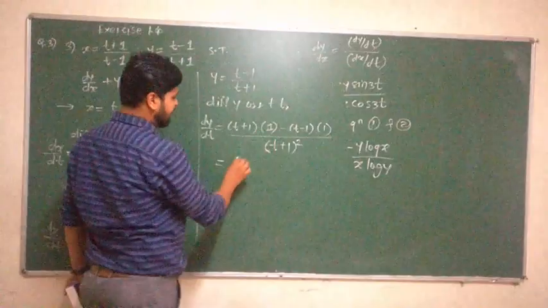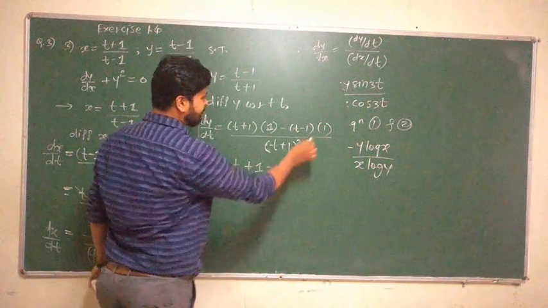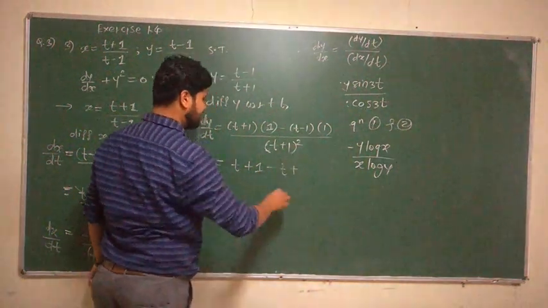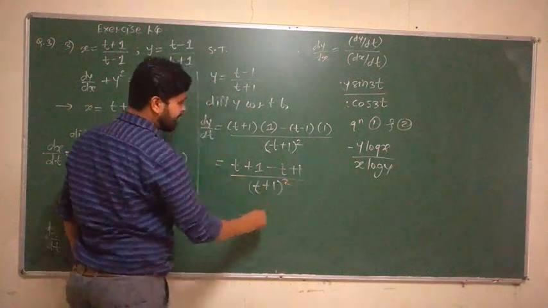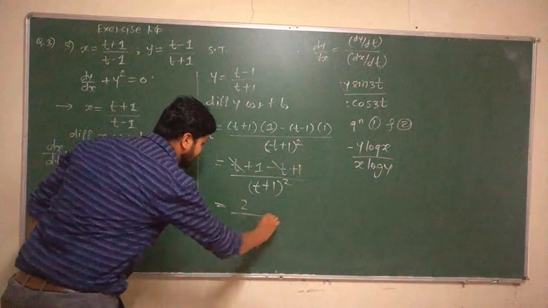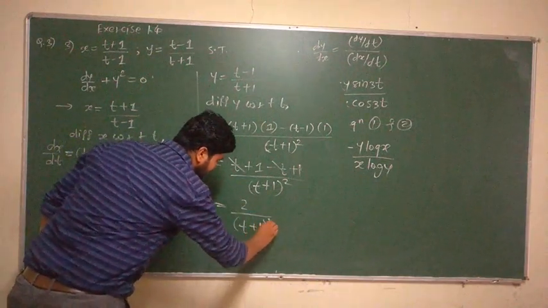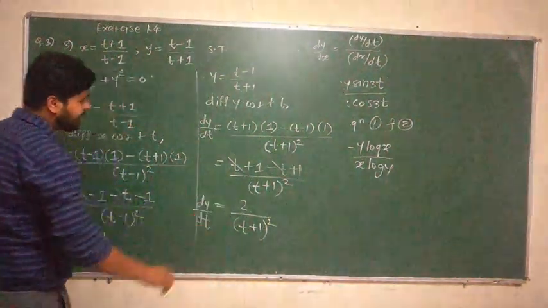If you simplify this, t plus 1 minus t plus 1 upon t plus 1 bracket square, so the t gets cancelled and we get 2 upon t plus 1 bracket square. This is the value of dy by dt.